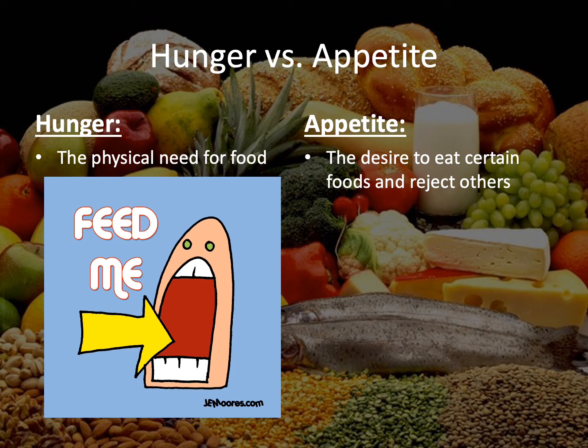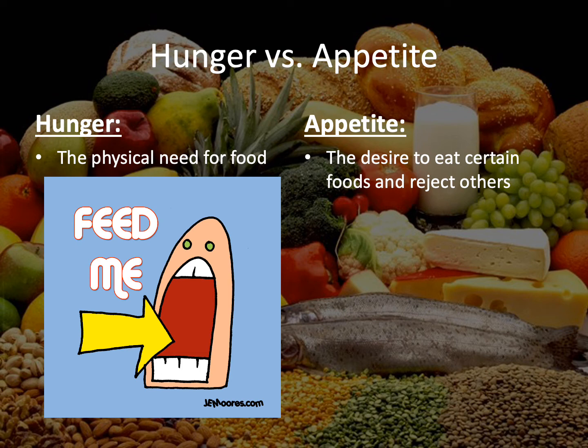We also typically associate diets with being hungry. How many times have we said we are starving when we actually just want to eat? Hunger is the physical need for food. Without food, our bodies cannot function properly. Appetite is the desire to eat certain foods, and it can cause us to reject other foods.